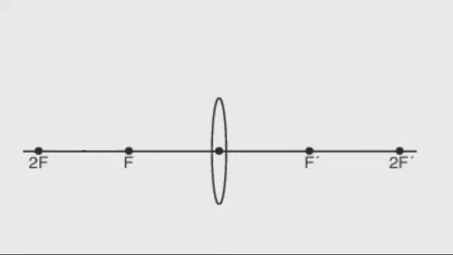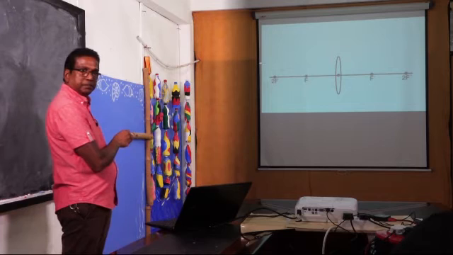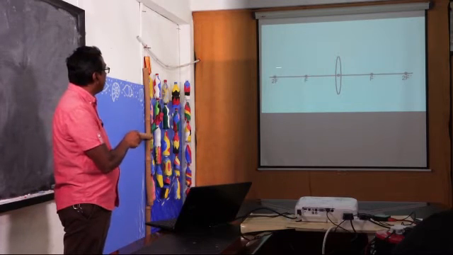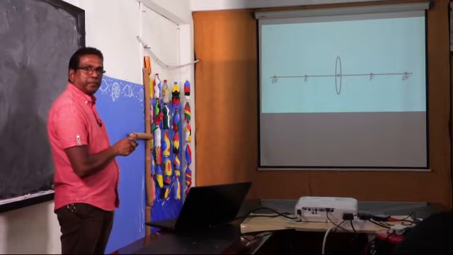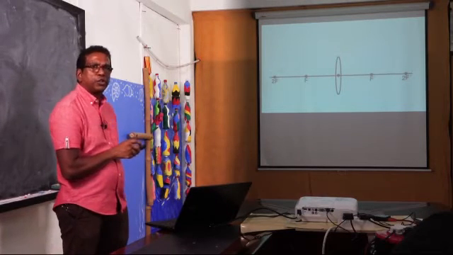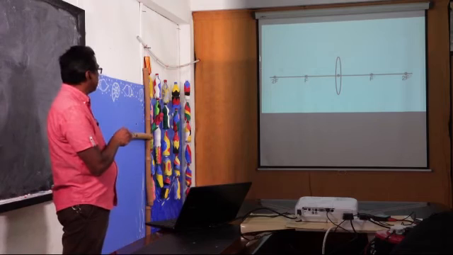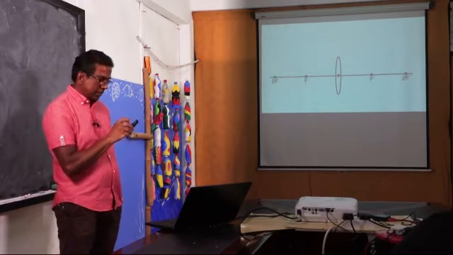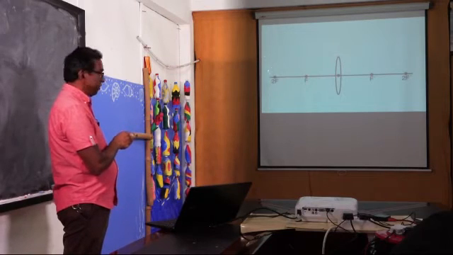Beyond 2F, something, so you put your object here. And then you draw, you see where is going to be the position of your image on the other side. So, beyond 2F.